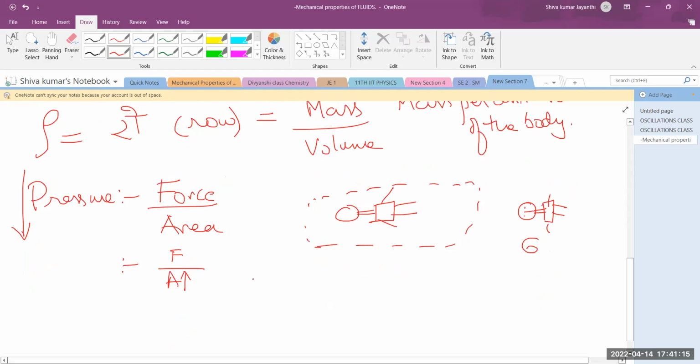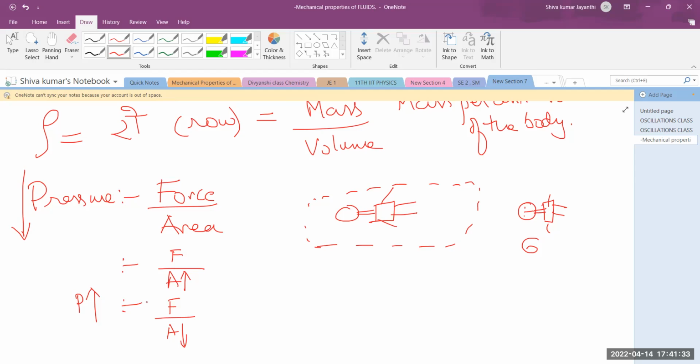Because area increases means pressure decreases, and area decreases, pressure increases. That is why at the deep layers of water, fishes like whales and other spread-out-area animals cannot sustain.